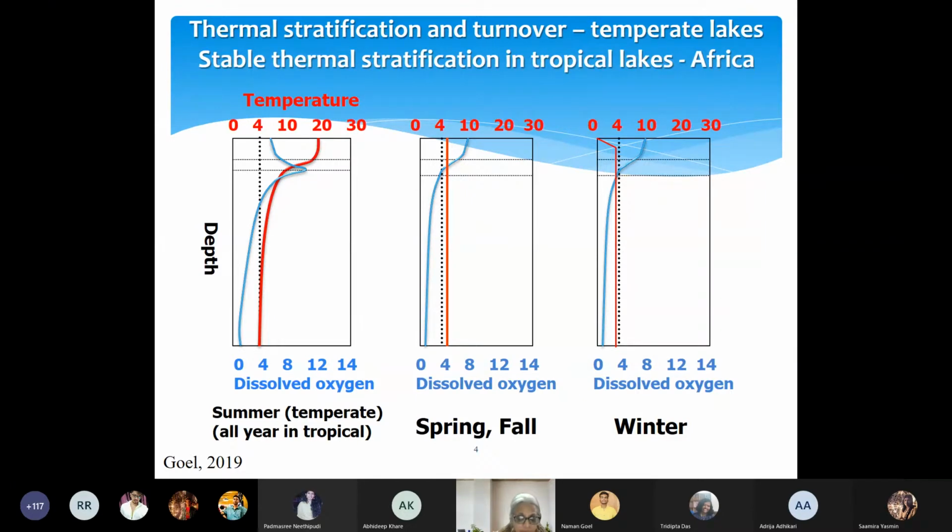What happens very often is when winter changes to spring, when the ambient temperature starts rising, the ice thaws, and many times people have observed that the organisms, especially fish, are found dead. Sometimes people panic and think that there must be something toxic inside the water. There may or may not be something toxic in the water, but what is definitely true is that the dissolved oxygen is completely gone.